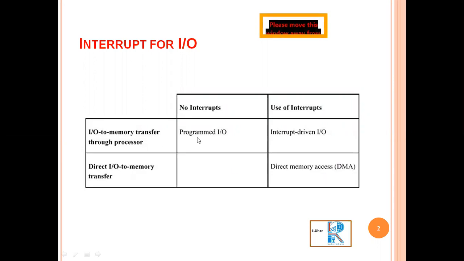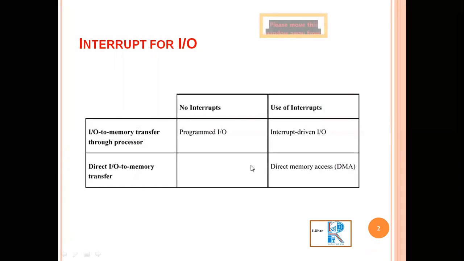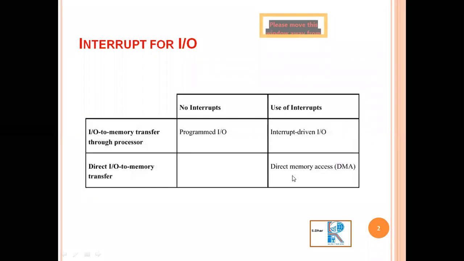In the previous cases, programmed I/O and interrupt-driven I/O, the CPU is the master of the bus, and the processor and I/O have to intervene. The I/O has to take the help of the CPU for transferring the data. But in direct I/O to memory transfer, that is DMA transfer, there is no requirement of the CPU. The CPU can do another function while data is transferred between the I/O device and memory.